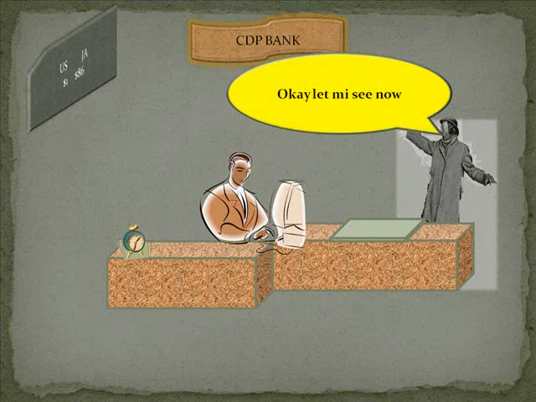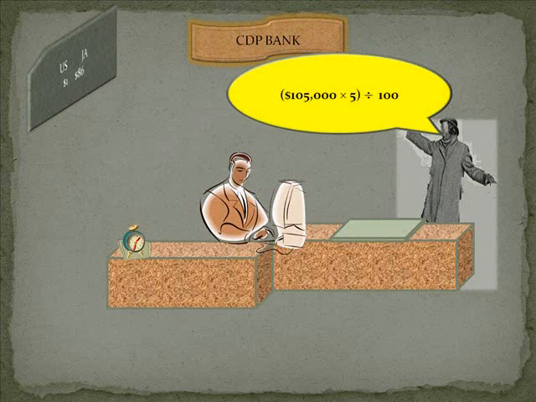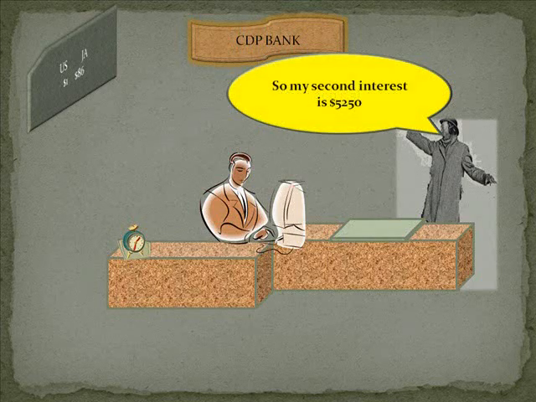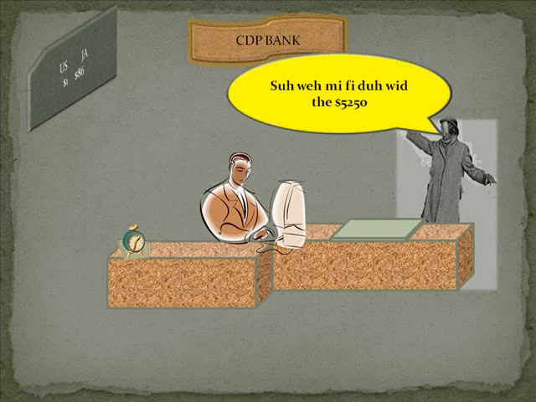Okay, let me see now. $105,000 times 5, right? And then I would divide that by 100. So my second interest is $5,250. So what do we do with it, $5,250?